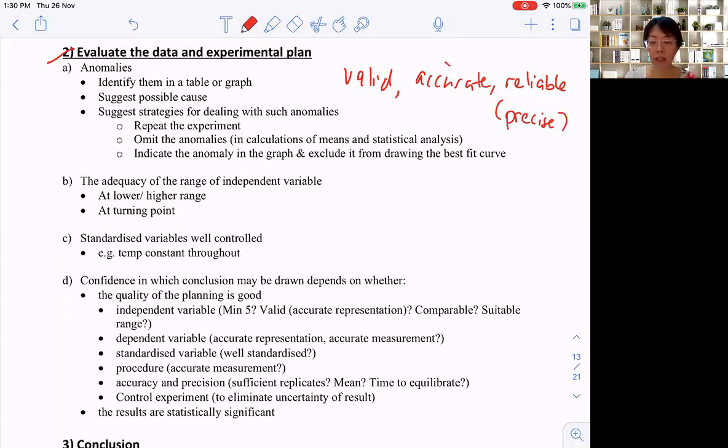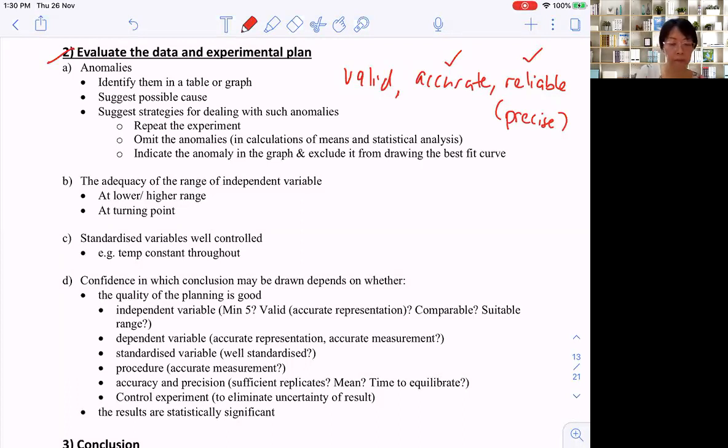Accuracy and reliability, you're already familiar, so I'm not going to talk about it. So this is where you evaluate your data and experimental plan to see whether your result is valid, accurate, reliable. If your results are valid, accurate, and reliable, then you can proceed to do conclusion.